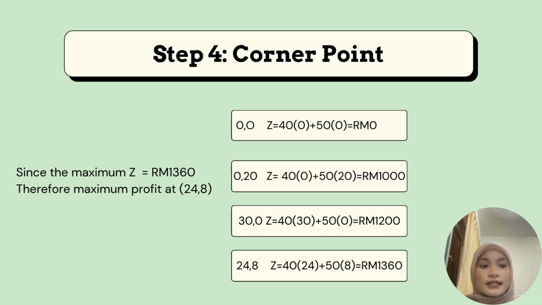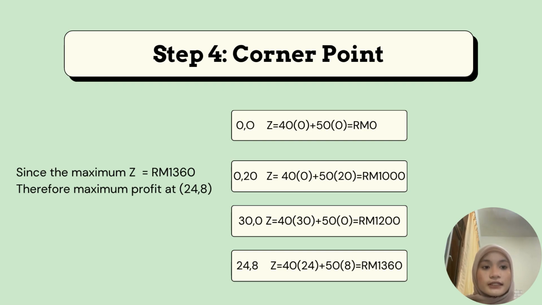Then the next corner point, we get 0, 20, which is 0 in axis x and 20 in axis y. Z equal to 40 multiplied by 0 plus 50 multiplied by 20, then we get RM 1000.